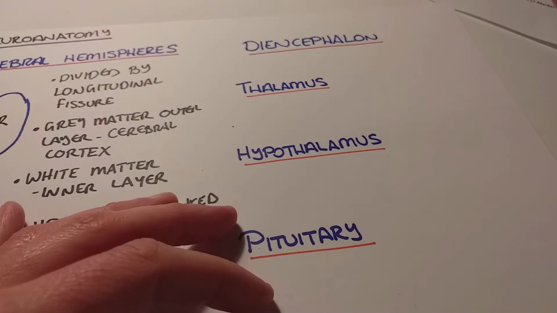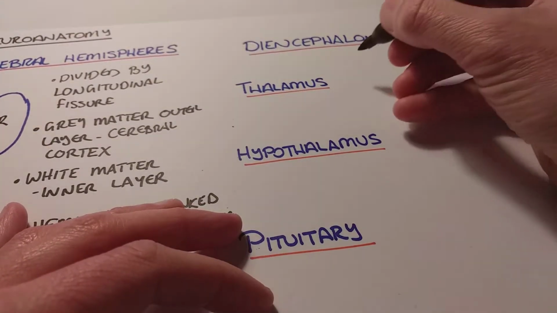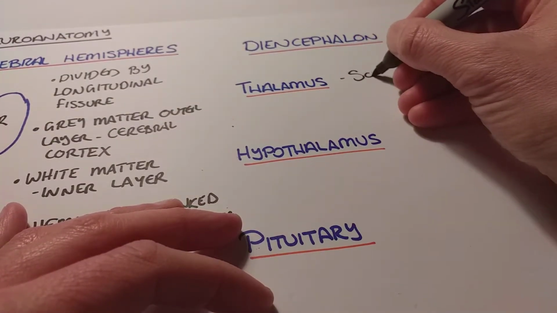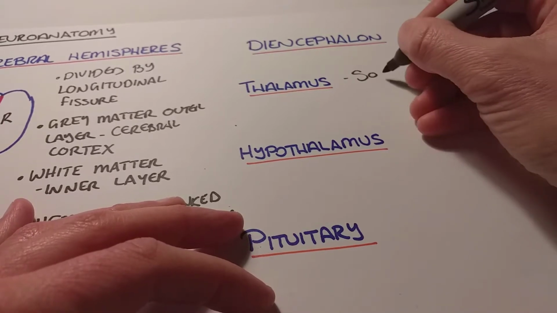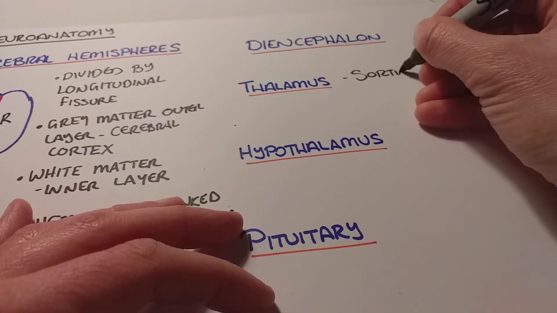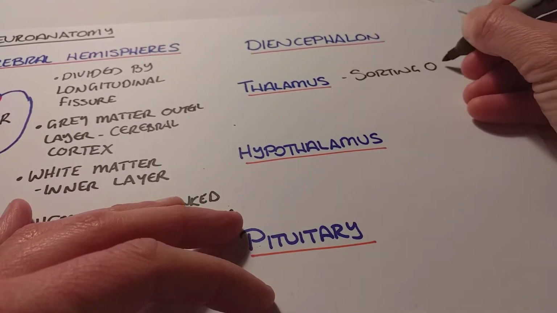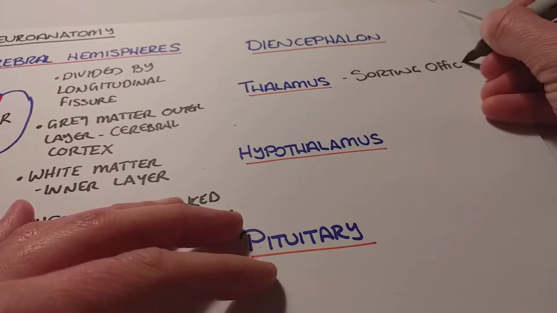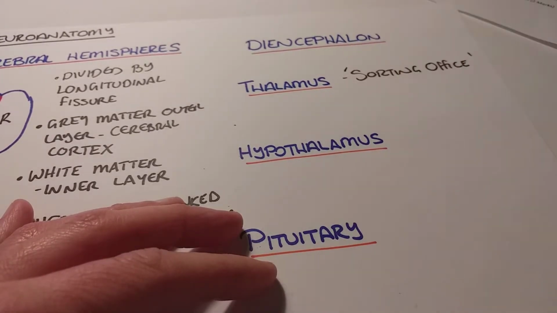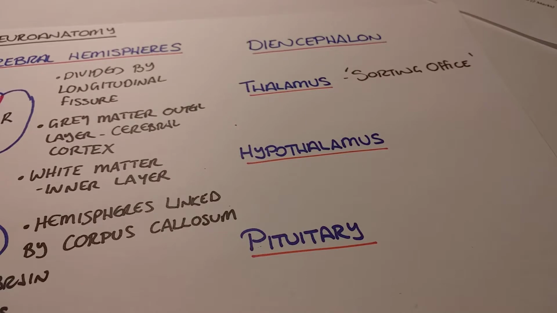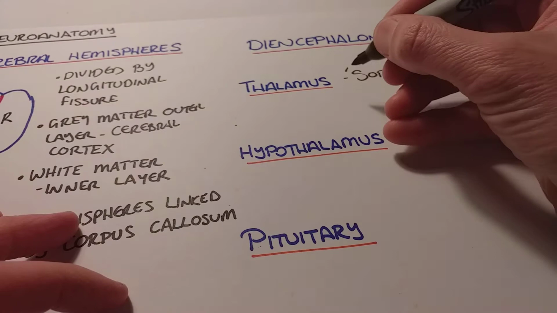It is the sorting office of the brain. What does it do? It relays motor and sensory signals to your cerebral cortex.